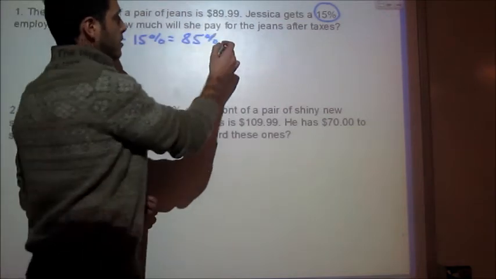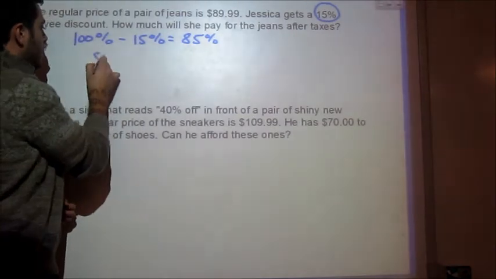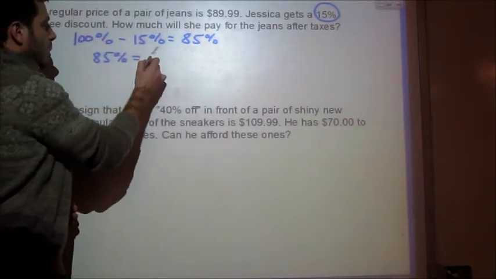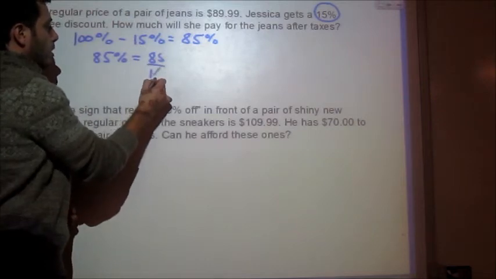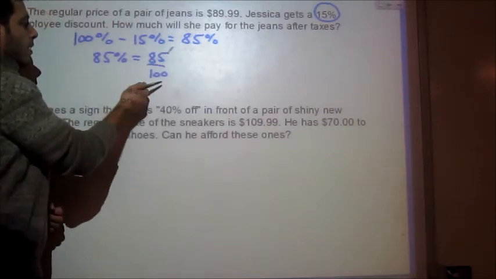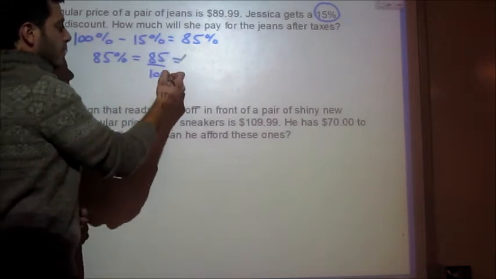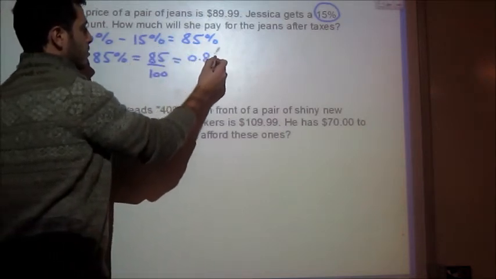Now one way to do that is to convert 85% into a decimal. We do that by first making it a fraction, by putting 85 over 100, and then we actually divide 85 by 100. It gives us 0.85.